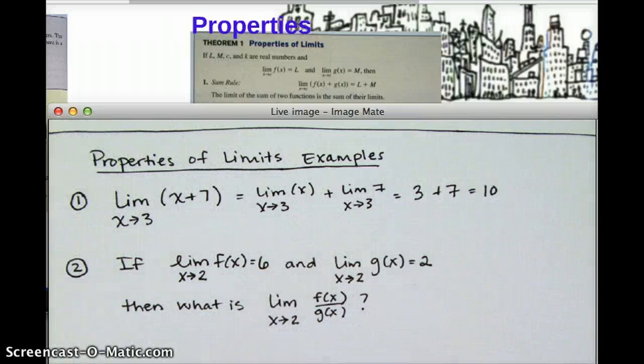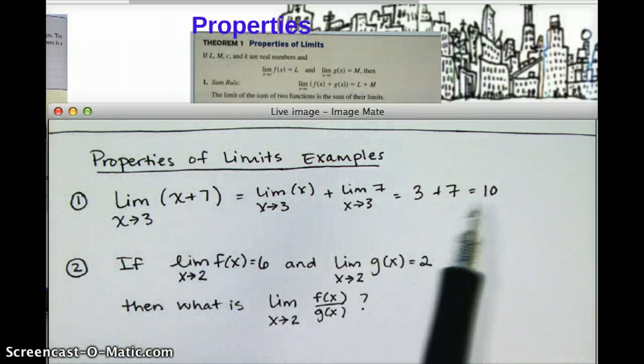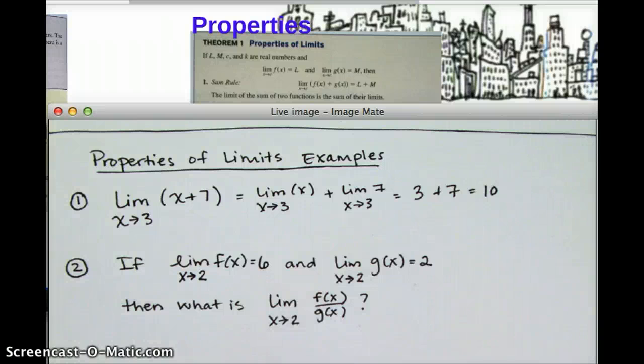The second way I could test you on these properties would be, instead of just with numerical examples, with an example where you don't really know what the functions are. So there's some function f of x that has a limit of 6 at 2. And there's some other function g whose limit at 2 is 2.